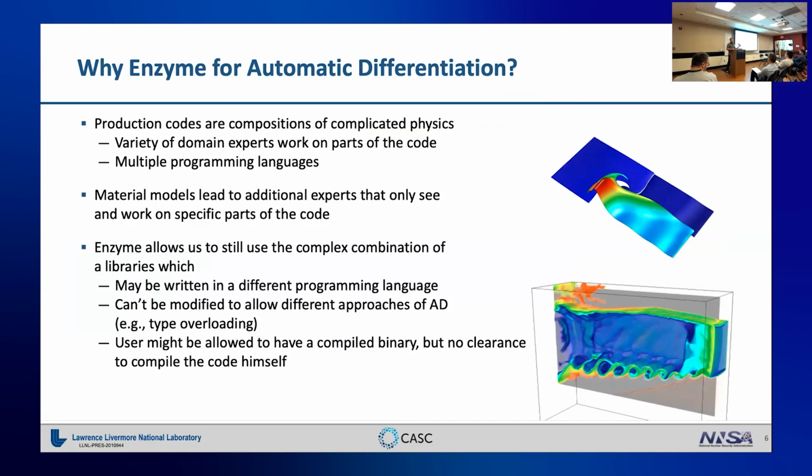As you saw or heard in the previous talk, Enzyme utilizes LLVM as its backend, and therefore, if you can write a front end for LLVM, any language that is translated into the LLVM IR can leverage Enzyme as a plugin and do automatic differentiation.